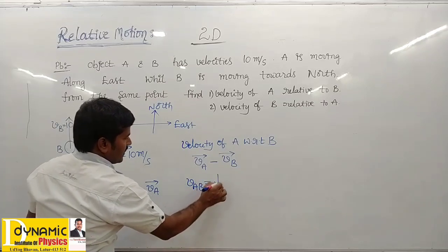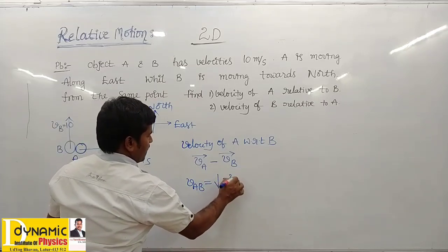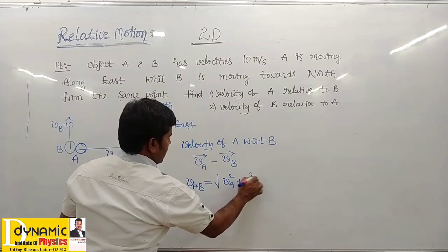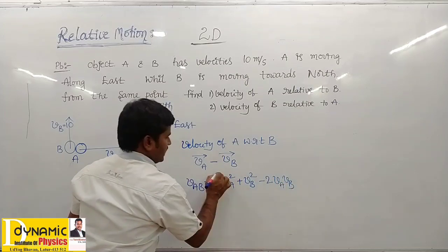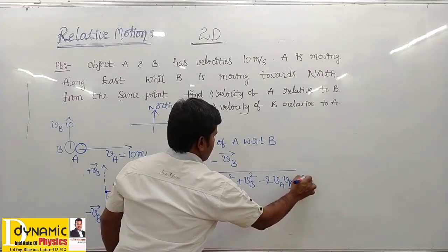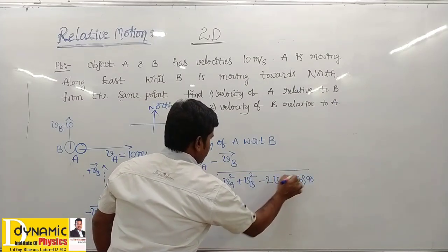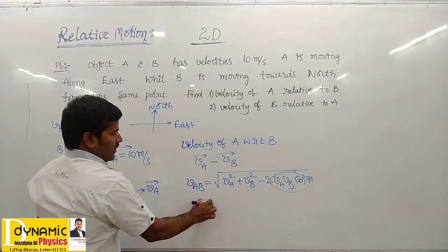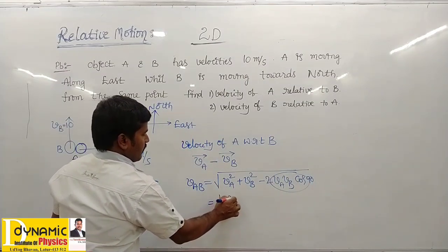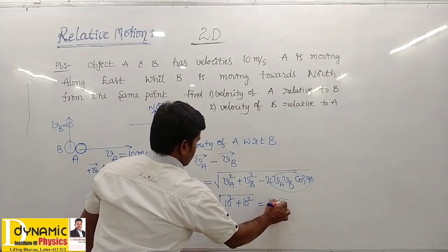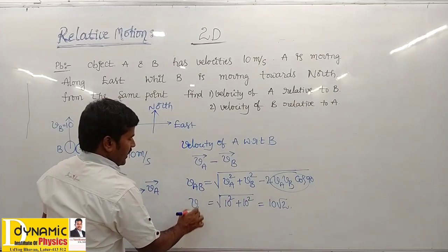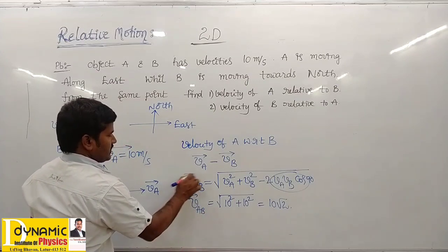It is nothing but under root of VA square plus VB square minus 2 VA VB cos 90. The angle is given as 90, cos 90 makes this term 0. Its value becomes under root 10 square plus 10 square, which is 10 root 2. VAB is 10 root 2.